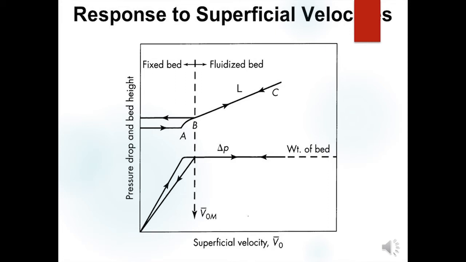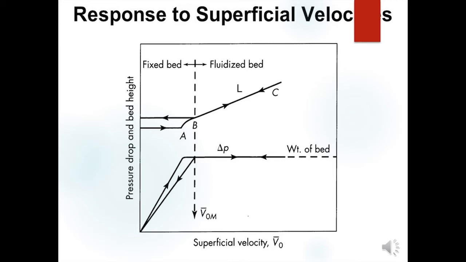But when it crosses the point A, there's a slight increase till the point P, and that is a point where fluidization just begins, or the particles are just about to move throughout the bed. And point B is the point where true fluidization begins, and above that point, the pressure drop is a linear function of the superficial velocity.